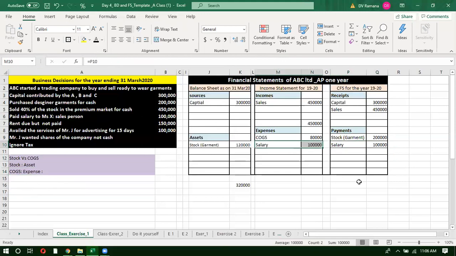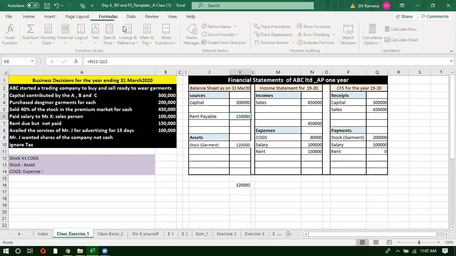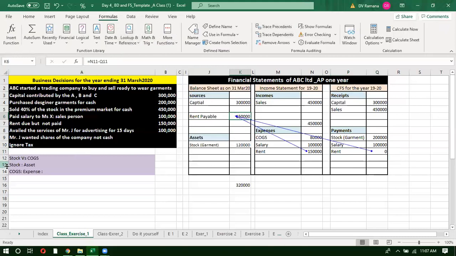So it's a payment and expense. Whereas the rent due but not paid is an expense, but we did not pay the rent. So therefore, it will appear on the balance sheet as a liability. Expense not paid is a liability, and if expense is paid, there's a reduction of cash.